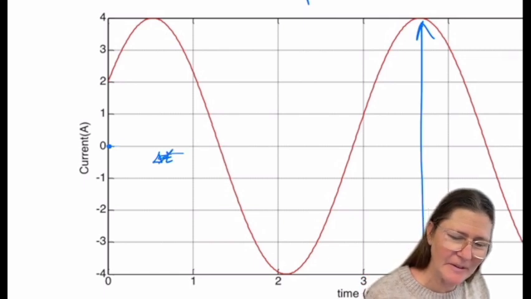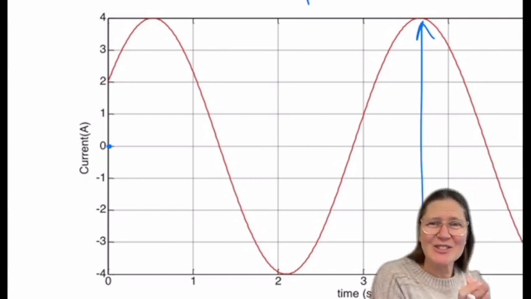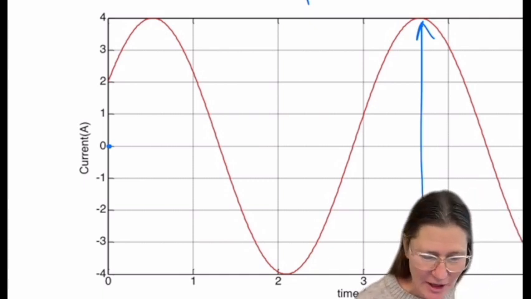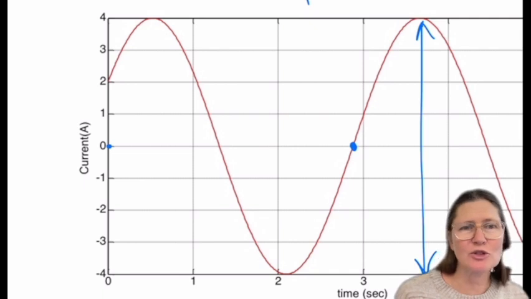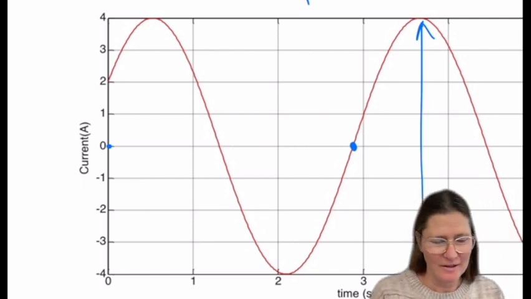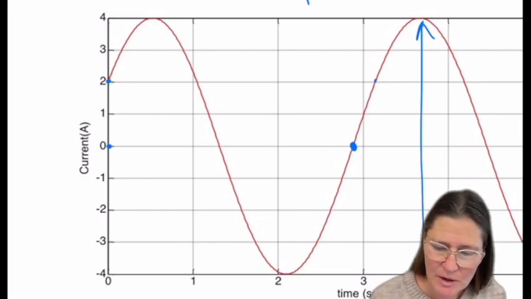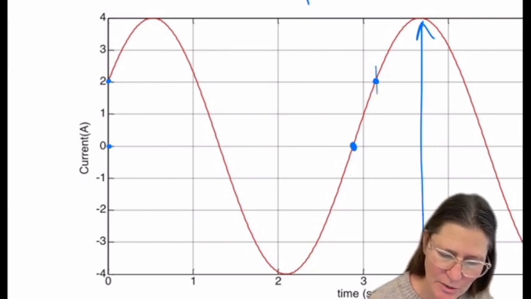I didn't describe this very well. Let me try that again. It should actually be at this time frame where you should have 0, here at 2, and here at 2. So this difference between here and here would be your delta t.